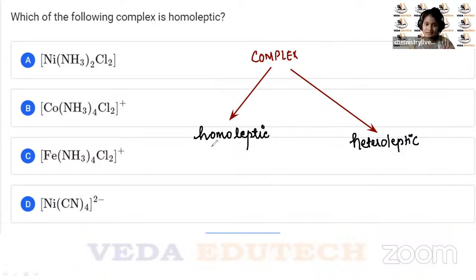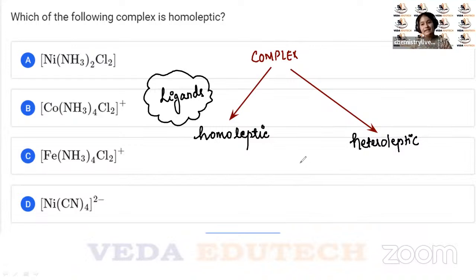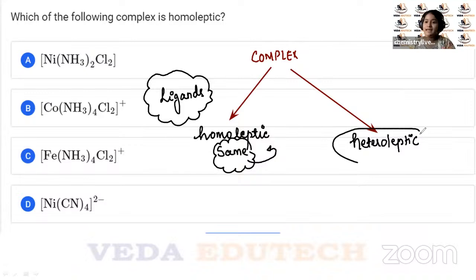Based on ligands. For example, if you see in a complex, all the ligands are same, same type, then it is called a homoleptic complex. In a heteroleptic complex, we have different kinds of ligands.